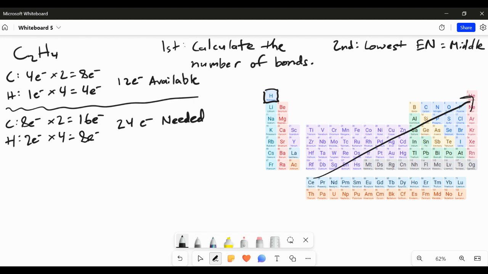Okay, do our quick calculation. 24 electrons needed minus 12 electrons available equals 12 electrons short. Divide that by 2, and we need 6 bonds.